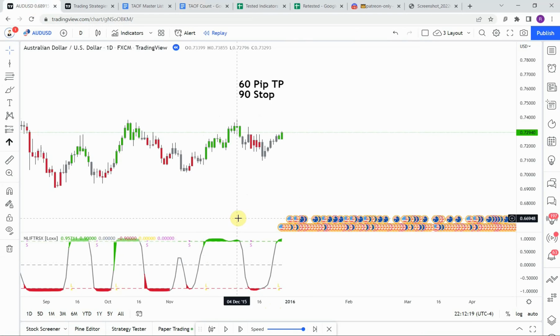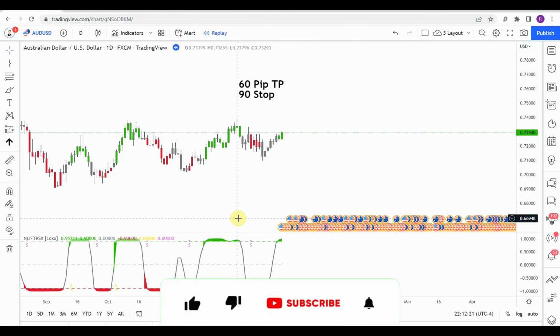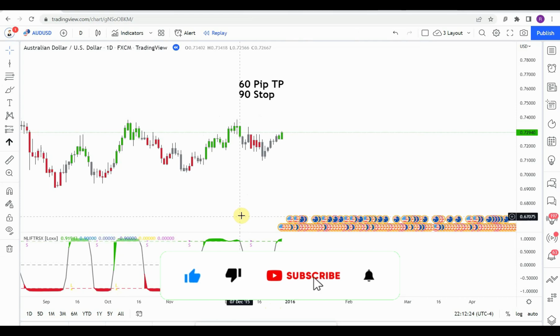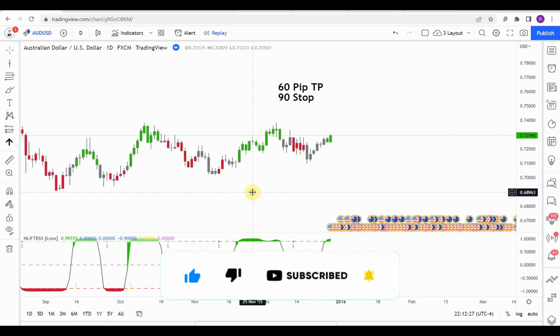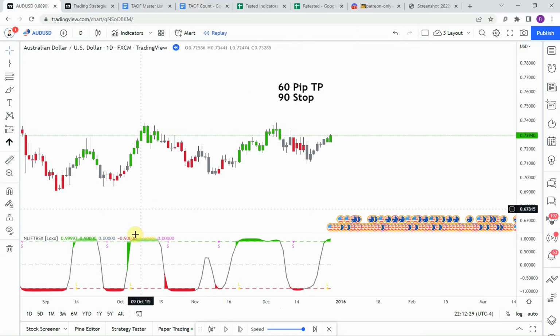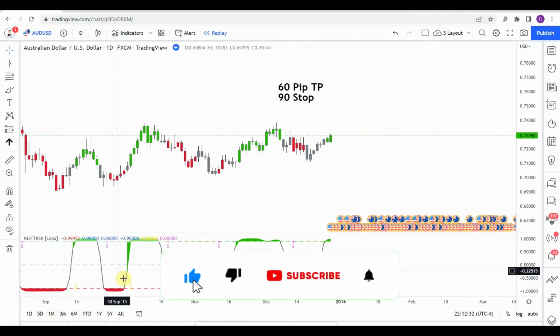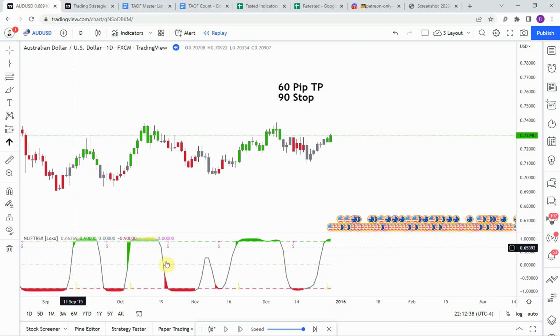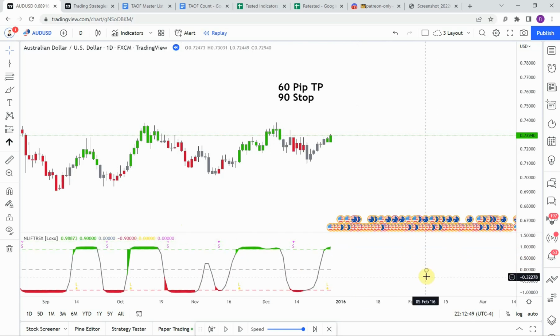Okay, so today's indicator is the no lag inverse Fisher transform of the RSX, and you can see it here on screen. The indicator itself here on the bottom of the screen basically consists of, as the name implies, a zero lag Fisher transform of the RSX, and that has an oscillating line here, and it is going into the upper and lower zones, and it does have these signals here for short and for long.